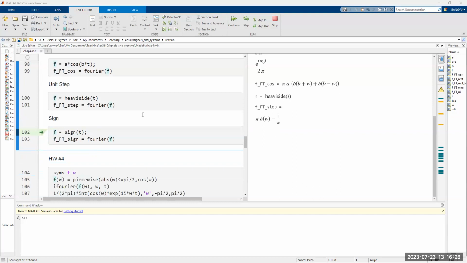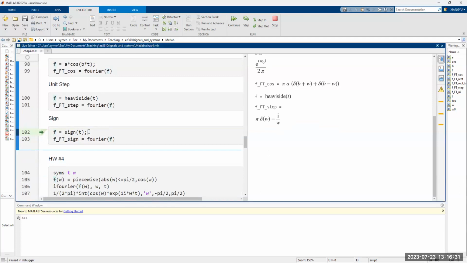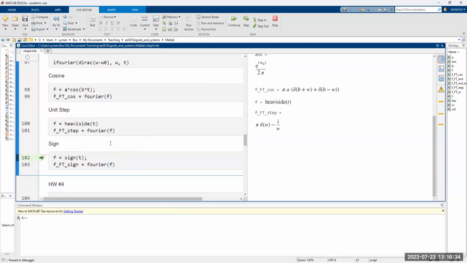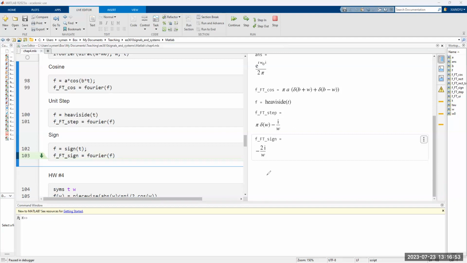Now let's calculate the Fourier transform of the sign function. When t is positive, the function value is 1. When t is negative, the function value is -1. The result will be -2i over omega. This is also the same as the one I showed you in the slides, which is 2 over j omega.